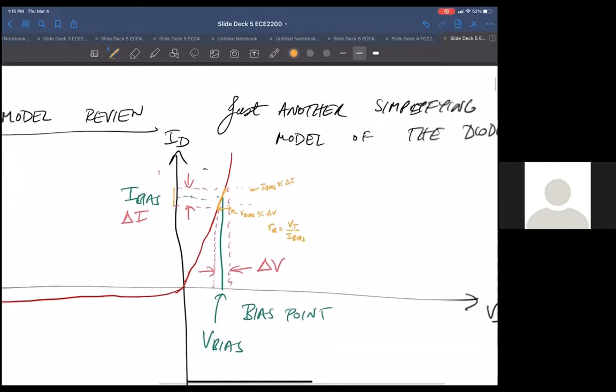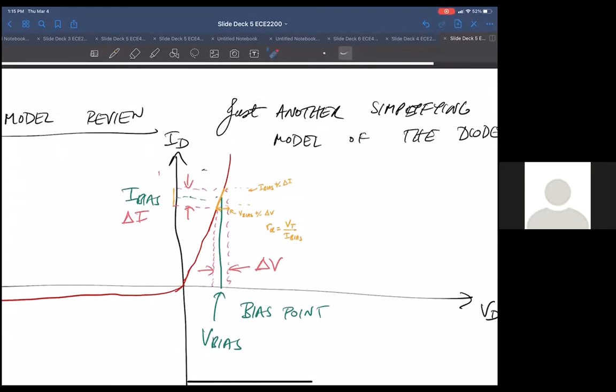Initially you had an exponential equation that describes its characteristics. Now we're saying, okay, you still have the exponential equation, but if you just stay in this small area and don't go too far this way or that way, you can just pretend like this is a line.